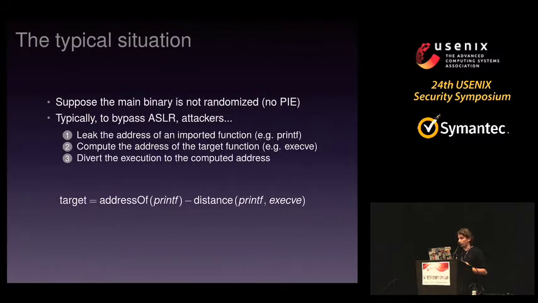And then if you have a local copy of this target library, you compute the distance between printf and another interesting function, for instance, execv or system. And with this information, you can compute the actual position on your target of the target function. So in this case, execv.